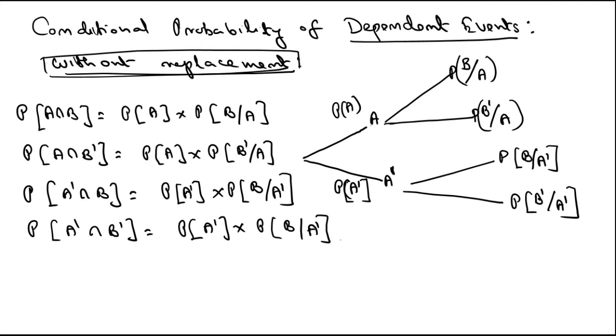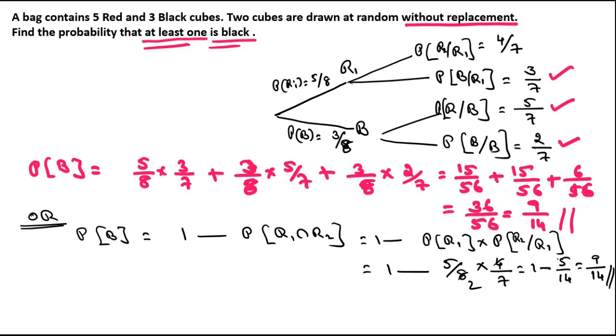That means here we have taken both red balls. Instead of taking one red ball in the first case and again a second ball in the second case, picking one red ball first, then without replacing, the second one.